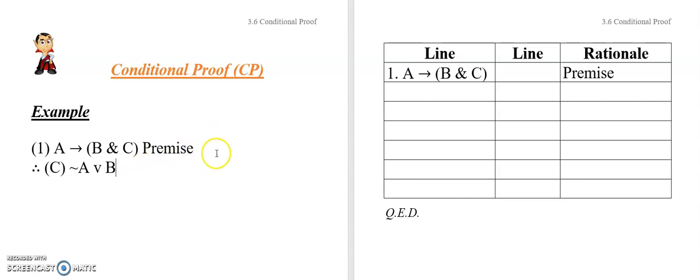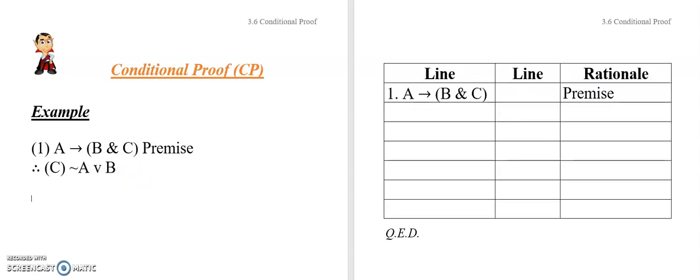Here's a question for you before we start syntactically deducing this conclusion from these premises. If this conclusion, which is not a conditional, were to be transformed into a conditional, what conditional would it look like? And how would you get that conclusion to that conditional?